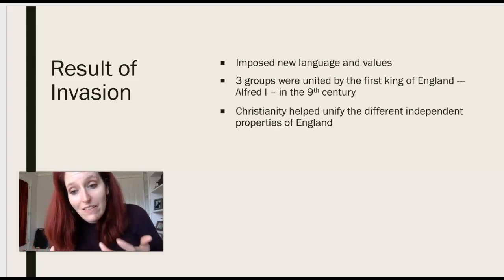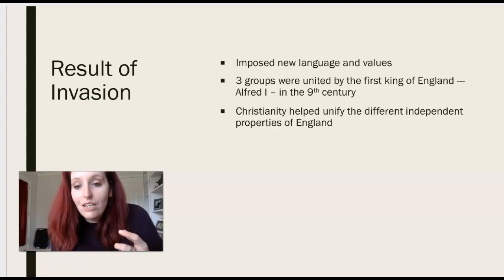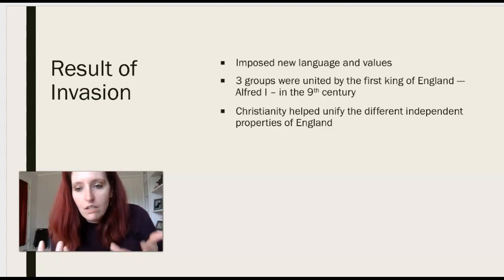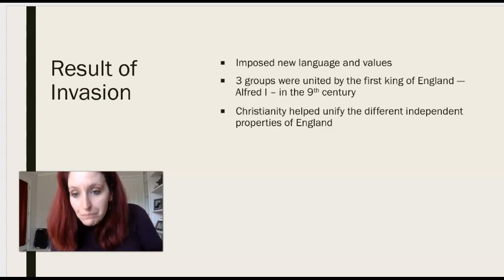And the reason that's so important is because it really helps unify the different independent properties of England. We're now united under a king, we're now united under a religion, so therefore we are more united as a people. So the first king of England and the establishment of Christianity really sets a tone for a new nation with a new identity.